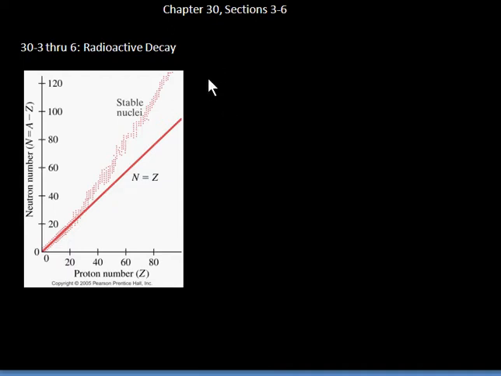But the main types of decay are as follows. There's alpha decay. And this is primarily, but not necessarily exclusively, big nuclides trying to get smaller.